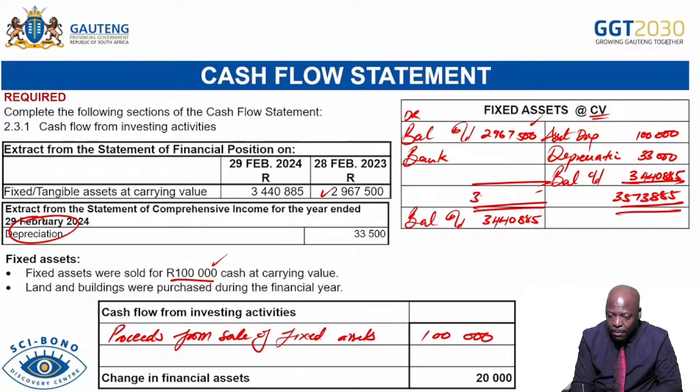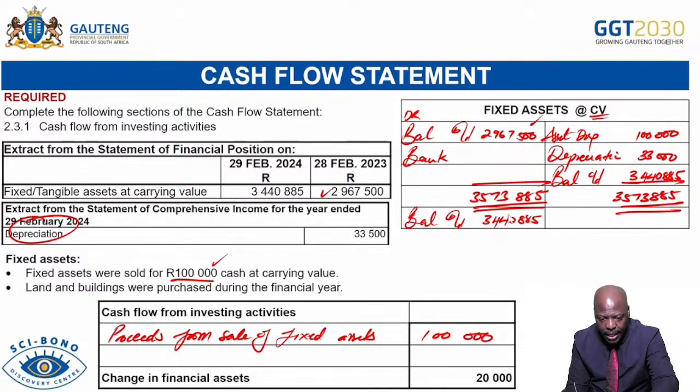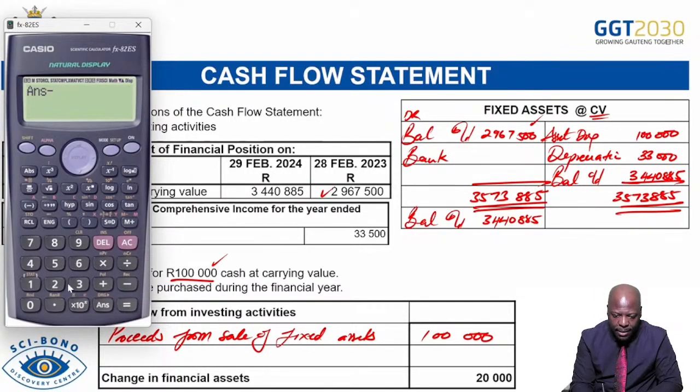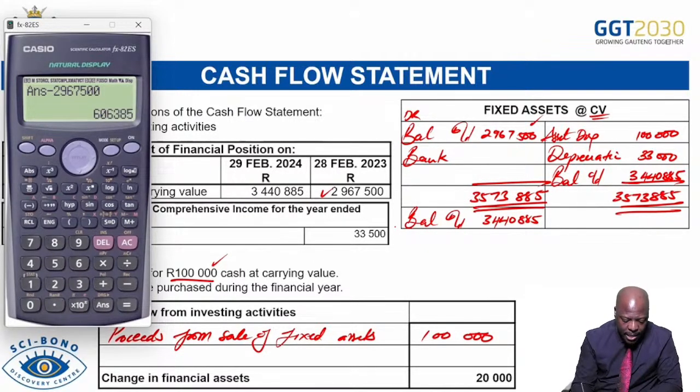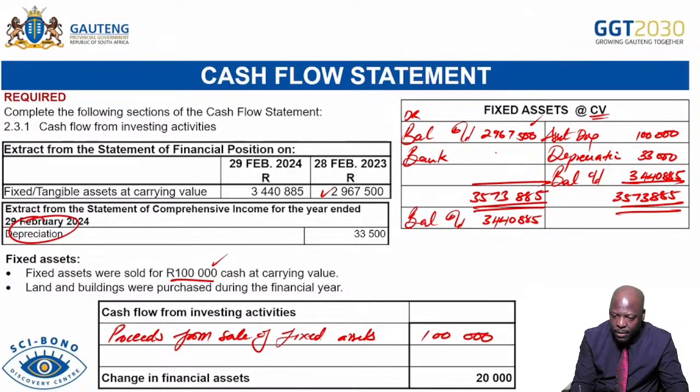And then we take that amount and then we say minus the 2,967,500. Then we subtract the balance at the beginning, the 2,967,500. And then we get 606,385. Okay, so I'm going to come here and then I'm going to get my amount at the end, which is 606,385.